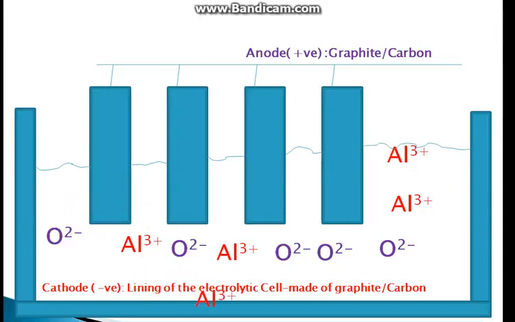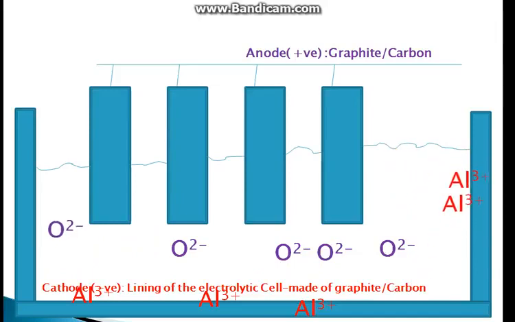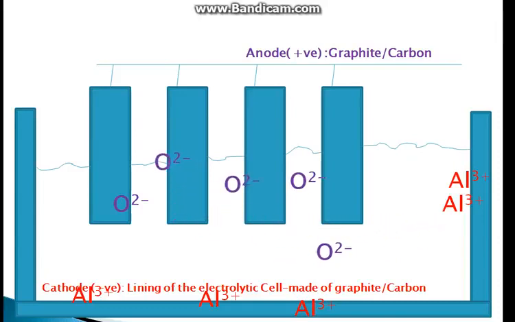So this is what happens exactly while the electrolysis is in progress. So now we have seen that the positive aluminium ions are attracted to the cathode, that is the inner lining of the electrolytic cell, whereas the oxide ions have been attracted to the anode, which are the dipping electrodes.